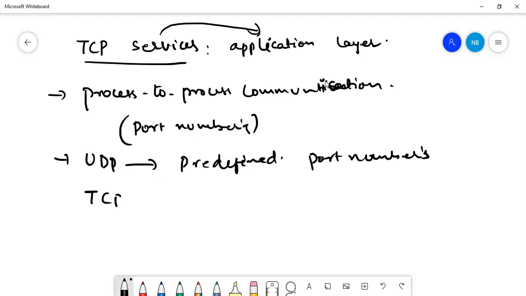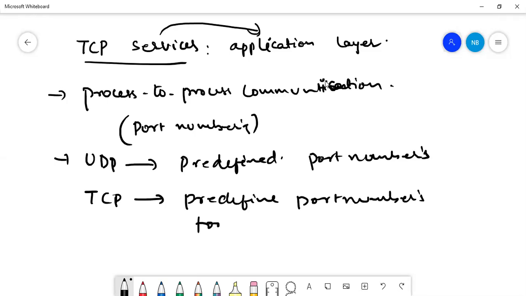Now TCP also has predefined port numbers for very well-known services, well-known protocols. So this is about TCP, and let me write some of the port numbers which are used for process to process communication.